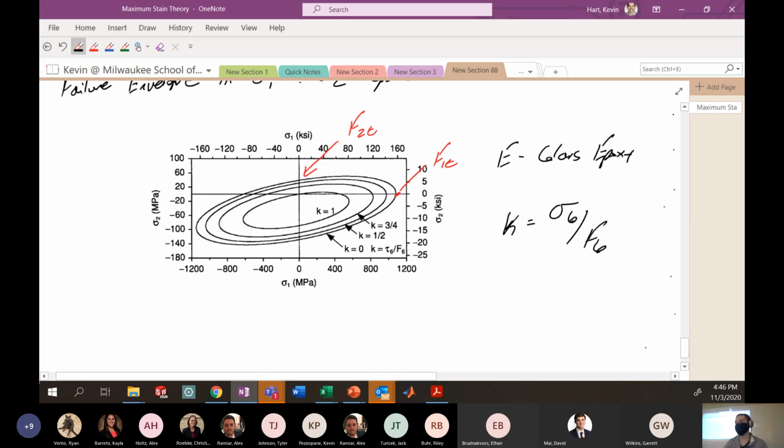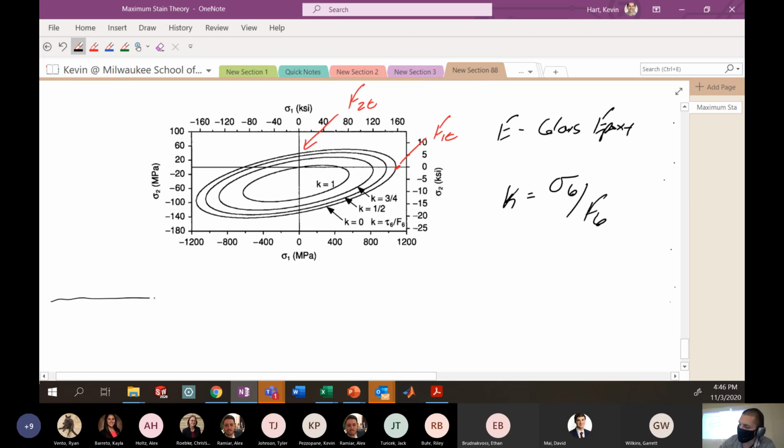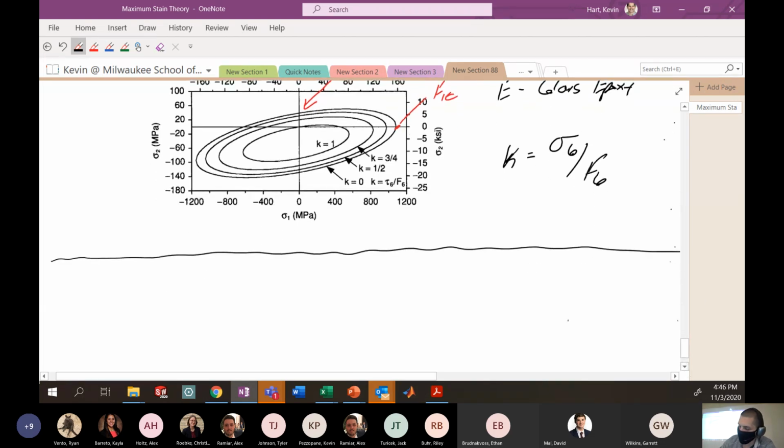Generally, the Tresca criteria was the most conservative, and generally the max stress theory is least conservative. Right? We have similar ideas here. We have some theories that are quite conservative and some that are not. So when you're thinking about design, you might want to consider the conservation of each one of the theories.